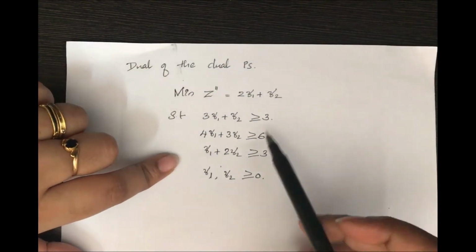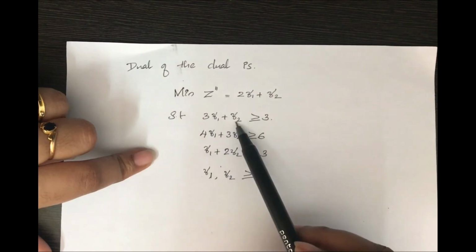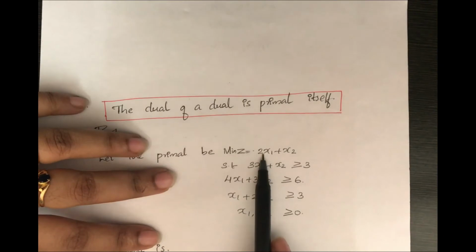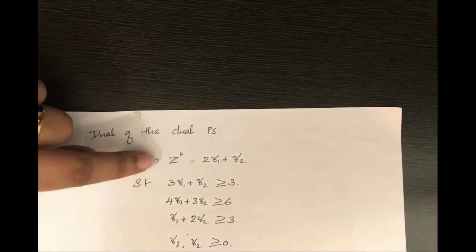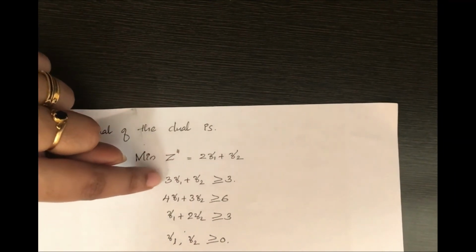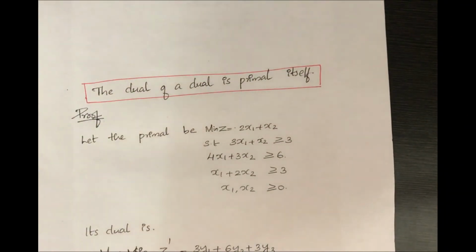Look at the coefficients of this dual of the dual and its primal. Minimization 2x1 plus x2. Here it is 2z1 plus z2. So the objective function, the constraint 3z1 plus z2, the same; only the variable x becomes z.